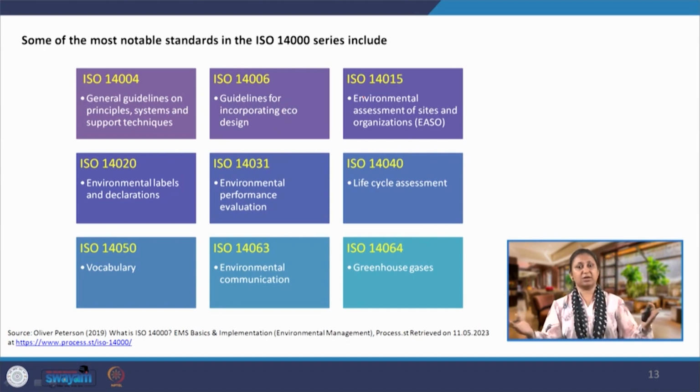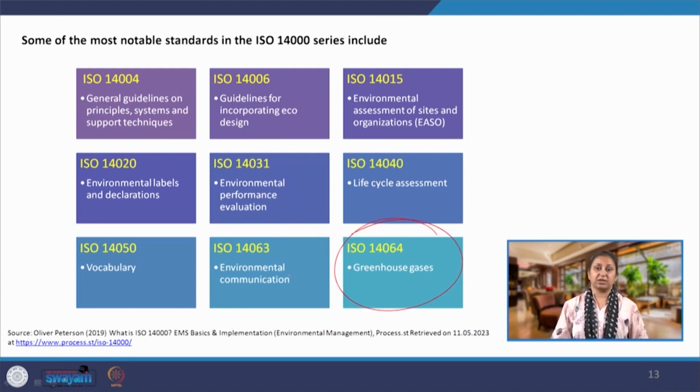Now, of this 14000 series, there are several standards: 14004, 6, 15, 20, 31, 40, 50, 63, finally coming to 64. So, there are many other standards within this 14000 series, but these are the most notable ones. What we are looking at here particularly is the standard relating to the greenhouse gas protocol, the standard on greenhouse gases. This is what we are taking forward, but there are other standards.